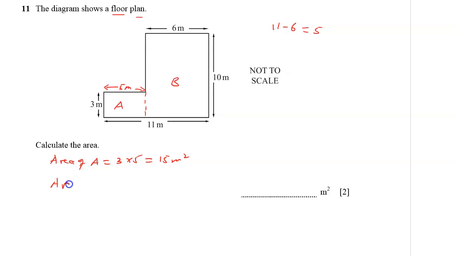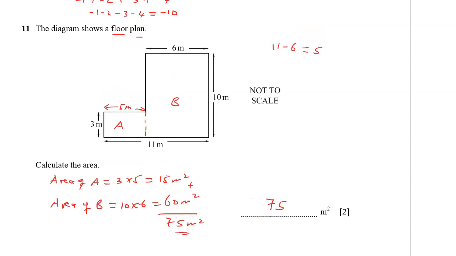Area of B, the length is 10 and the width is 6. So 10 times 6 gives us 60 meters squared. Then you add the two together. 15 plus 60 gives us 75 meters squared, which is the total area of the plan.